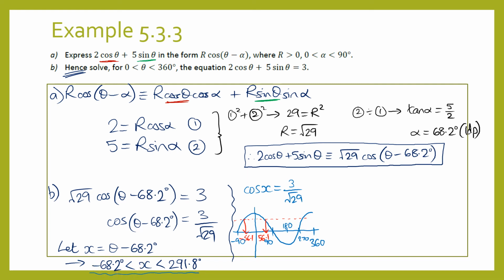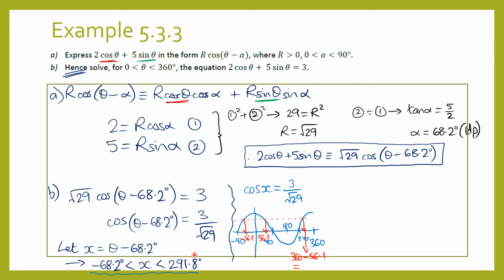Let's look at the other end. This one here. That's going to be 360 minus 56.1, which is 303, which is too big.